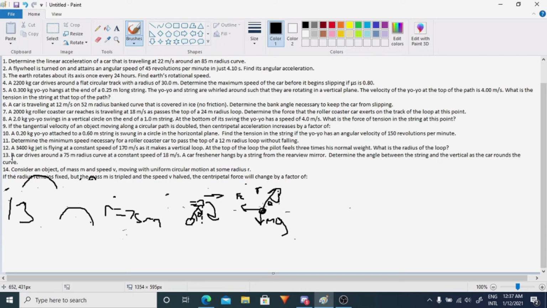So we want to change the tension into these two cardinal directions we have. We know sine theta equals this line over the hypotenuse, so equals the vertical part of this force over the hypotenuse.